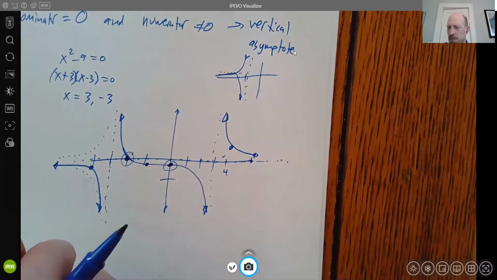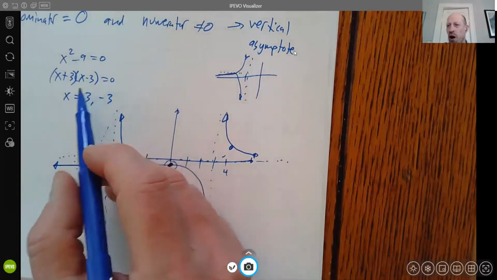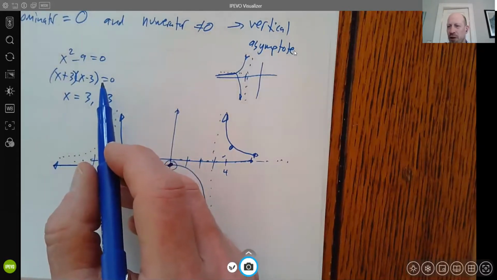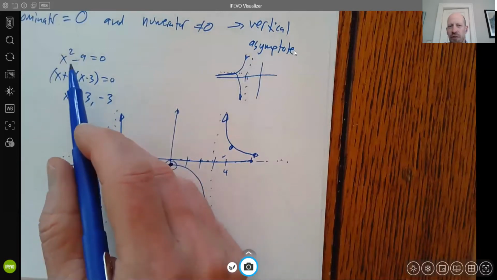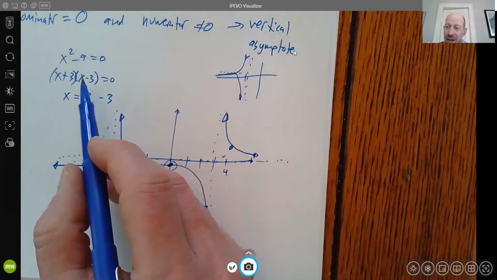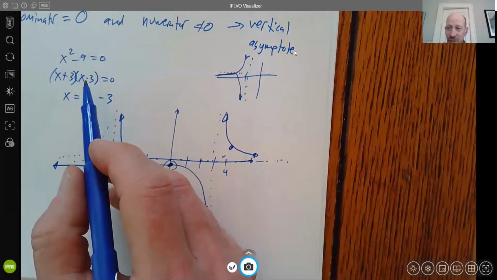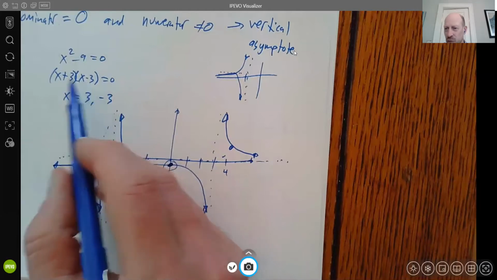Do I always have to factor the bottom, the denominator, like you did up there? Pretty much. We're always going to be interested in where the denominator is 0, and to find that, we're going to want to factor it. Theoretically, you could possibly have to use the quadratic formula, but realistically, we won't give you any problems like that. You'll be able to factor anything that you would need to.